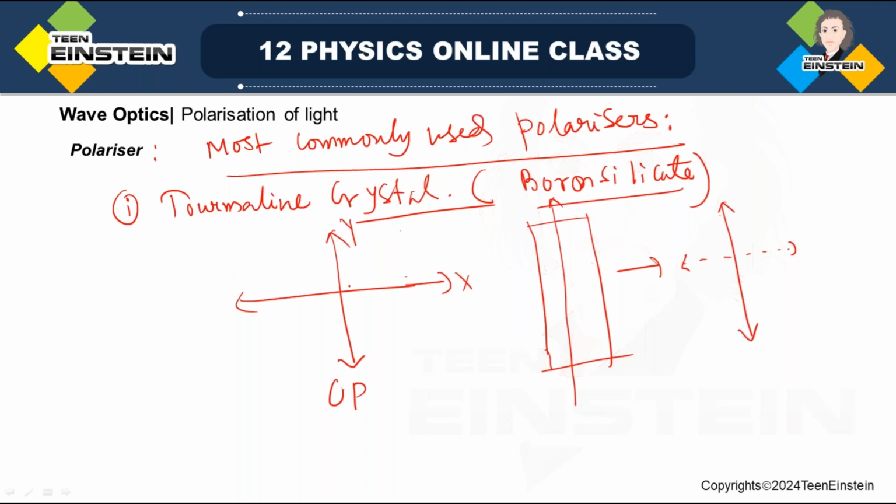Unpolarized light has both components of the electric field, but only this one will pass through the crystal, because it has the pass axis in this direction. That's why you get polarized light. So this is about the tourmaline crystal.